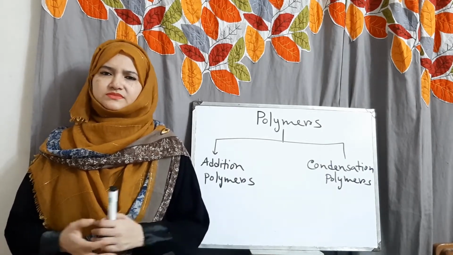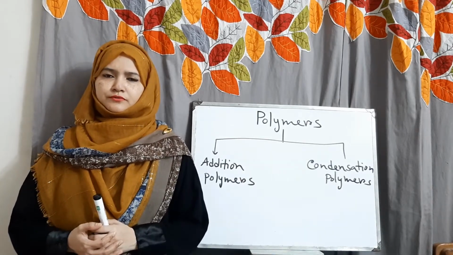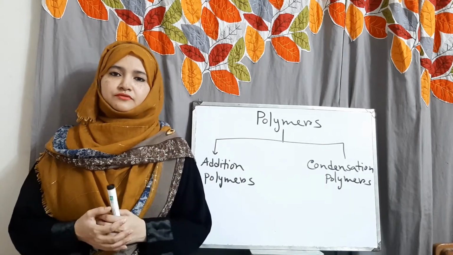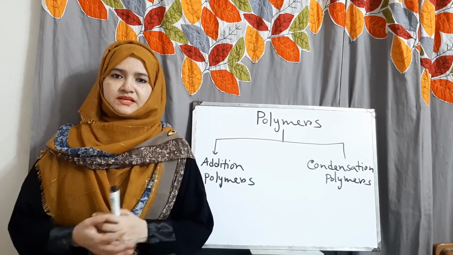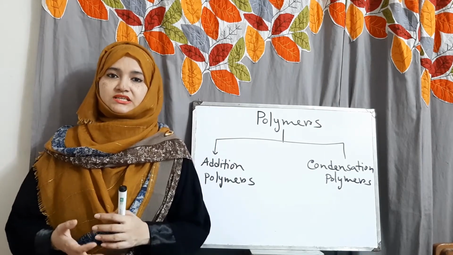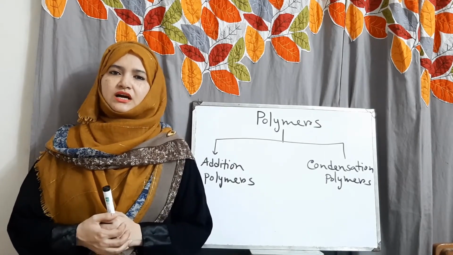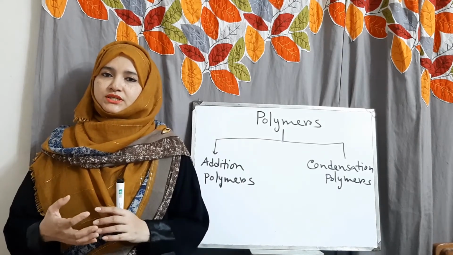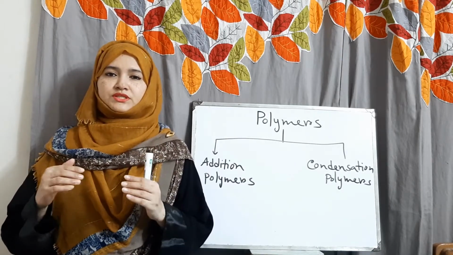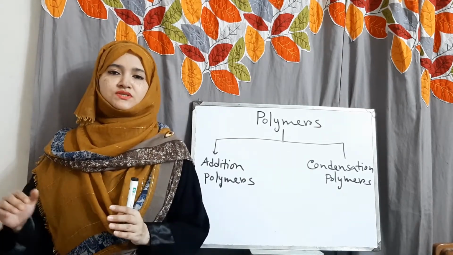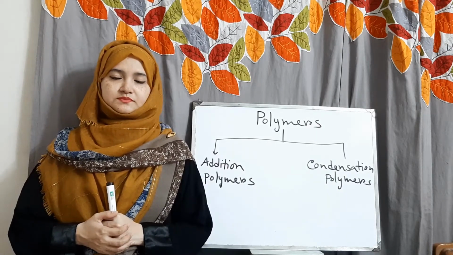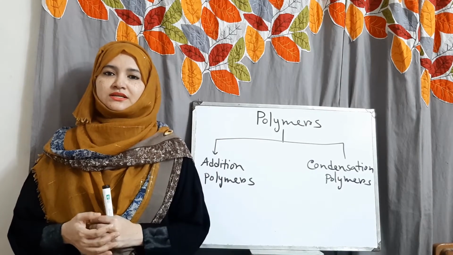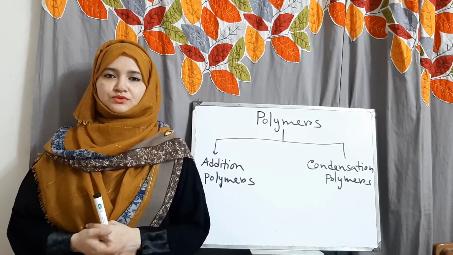Many useful articles are prepared from these polymers, for example plastics, artificial fibers, etc. These are widely used for our daily purposes and are manufactured in industry on a large scale. Today these polymers and polymerization will be discussed in our class.